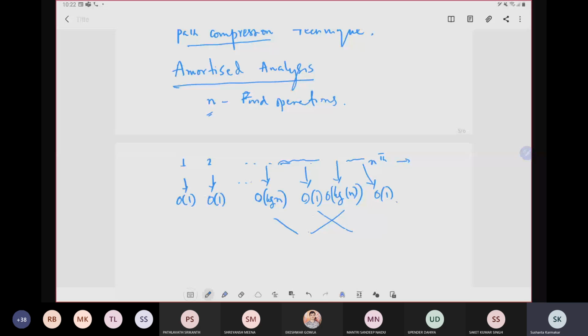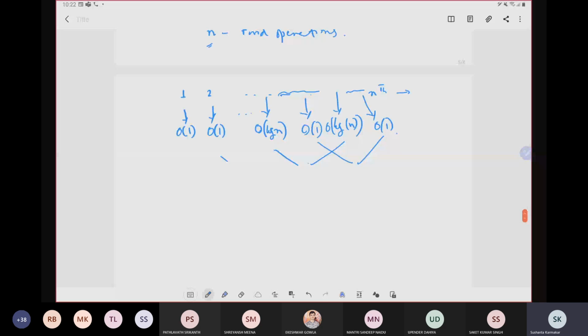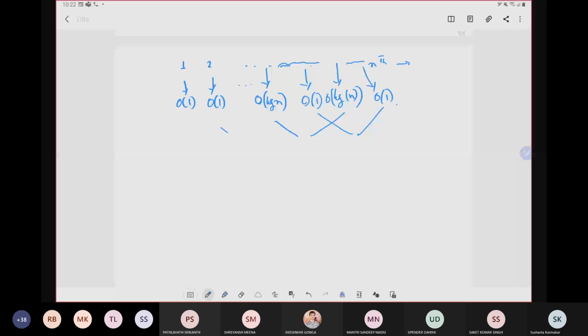So what is the idea of amortized analysis? You sum up the cost of the ith find operation, and then you average it over all the operations.